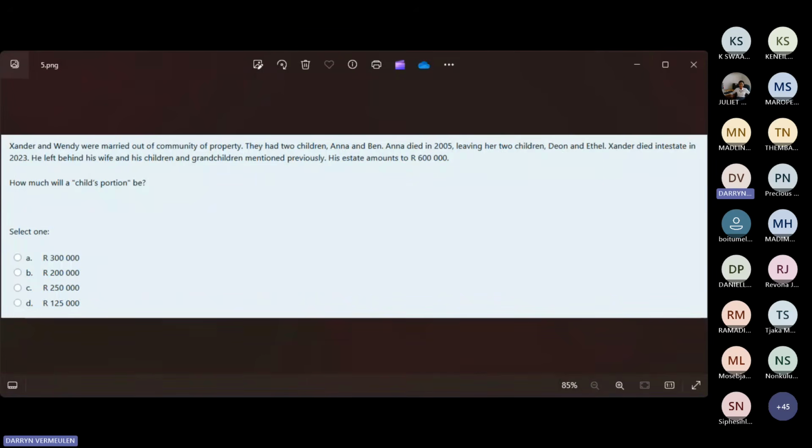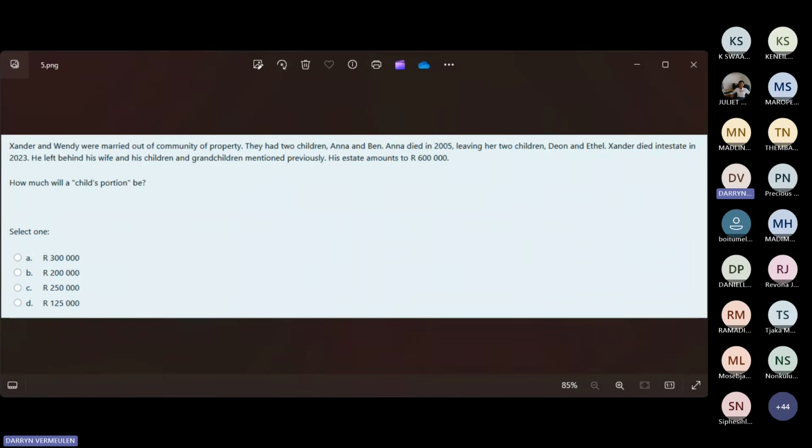Okay. You want to know where the 200,000 comes from? All right. So when the question is specifically asking us what is a child's portion, in order to calculate a child's portion, we take the full estate amount, and that's going to be divided by the number of children plus the number of spouses. So 600,000 divided by 3 gives us 200,000.